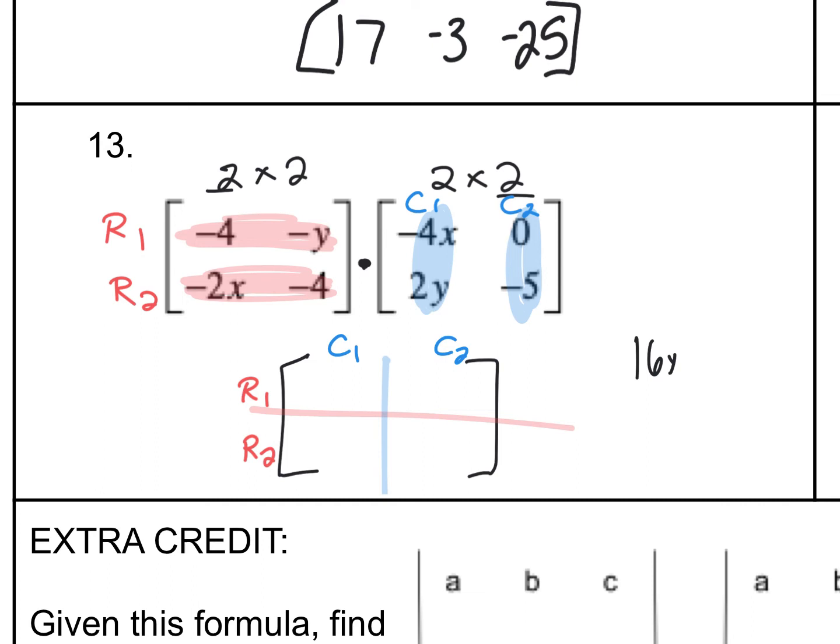Negative y times 2y, so we'll just do the coefficients first. What's negative 1 times 2? Yep, so minus 2, and then y times y, y squared. Are those like terms? 16x minus 2y squared? No. So we're just going to keep that whole thing as my first term.